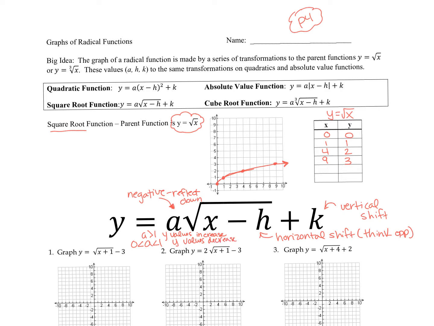So when you get ready to graph, you should always consider what's my starting point? Where am I shifting left or right? Where do I put my very first point on my graph? For example, for my parent function, it was 0, 0. And then there's a pattern to graphing. My pattern to graph, my basic graph, is 1, 1 and 4, 2.